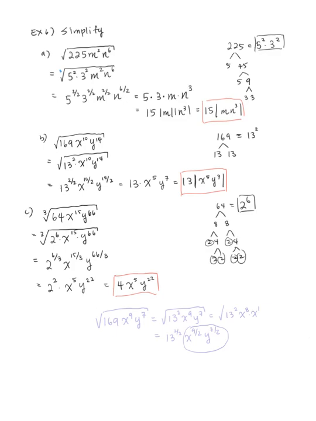We're going to do the same thing for the y. What's the biggest number before 7 that's divisible by 2? Well, that's 6, isn't it? So we're going to break it off as y to the 6 times y to the 1st, and that gives us y to the 7th. Now let me circle the ones that are divisible by 2. So these exponents are going to be divisible by 2.